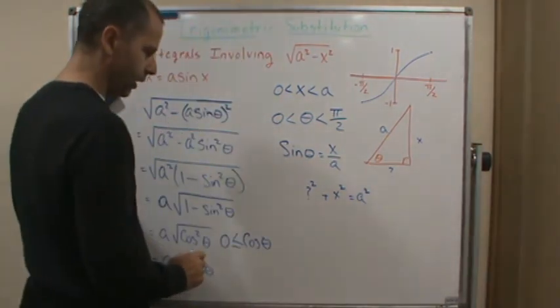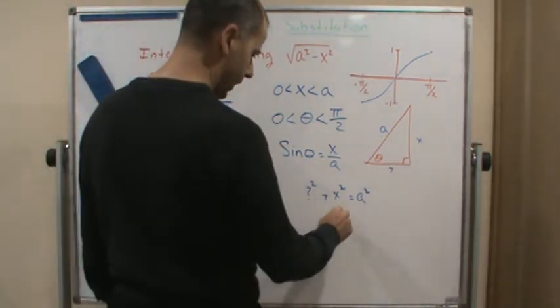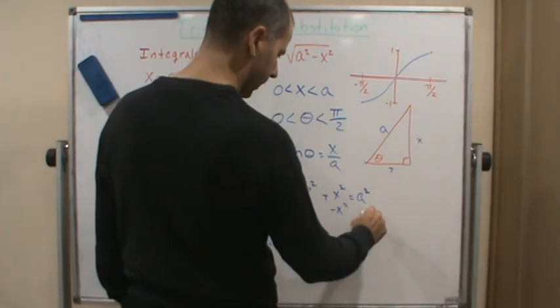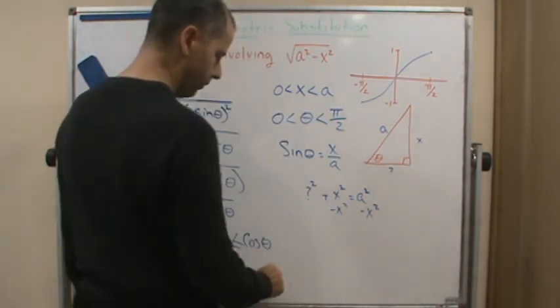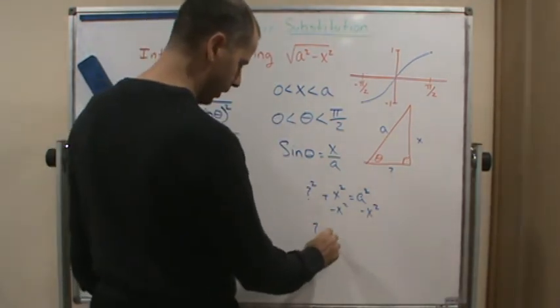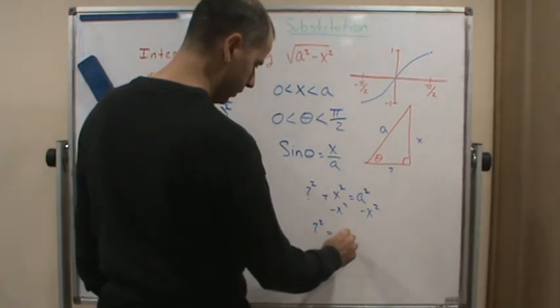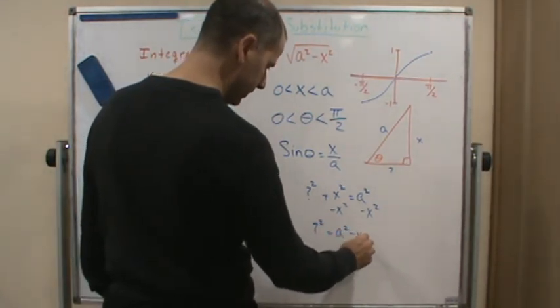If we subtract x squared, we get our question mark squared equals a squared minus x squared.